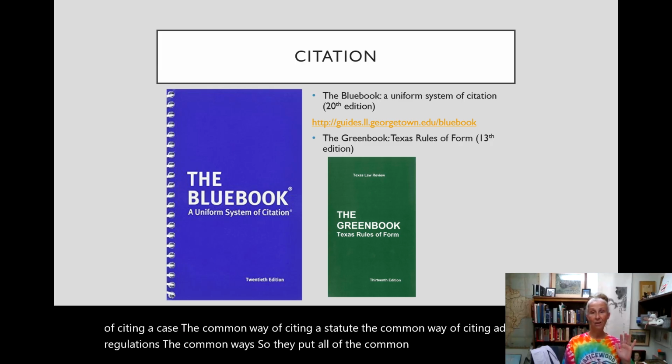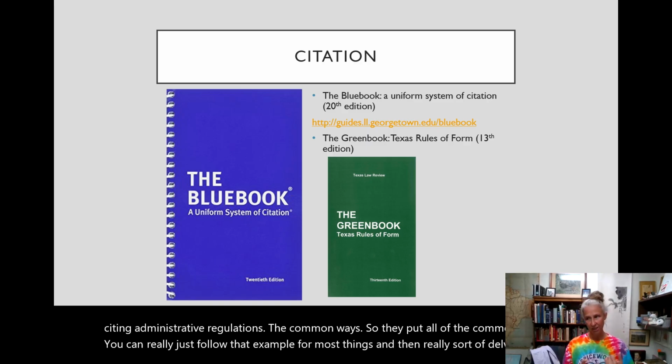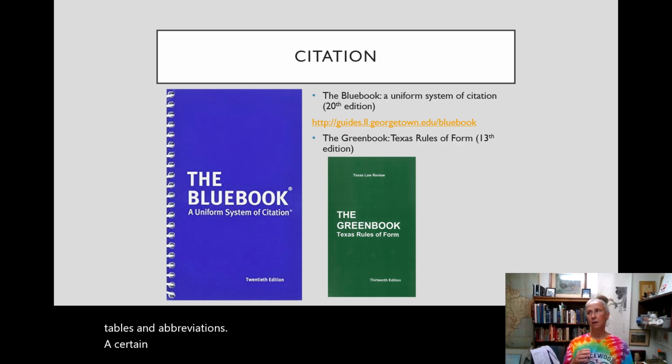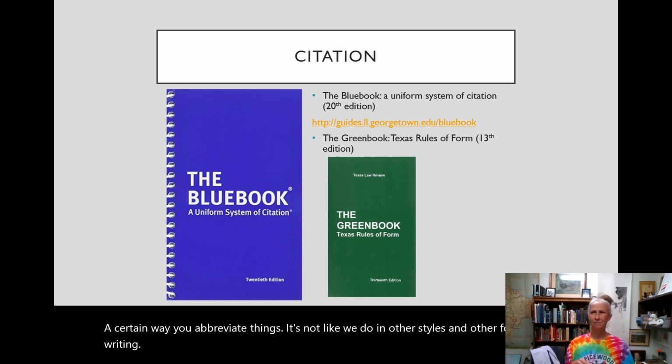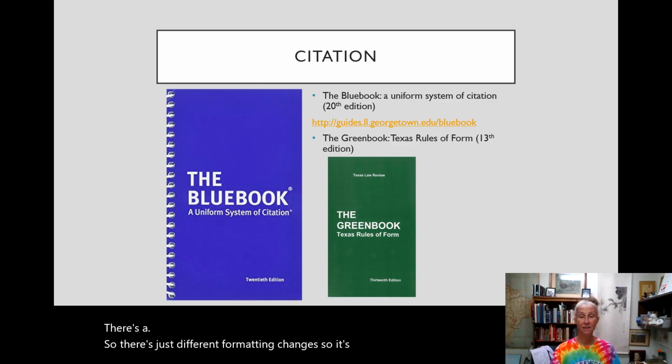So you can really just follow that example for most things, and then delve into the tables of abbreviations. There's a certain way you abbreviate things. It's not like we do in other styles and other forms of writing. So there are just different formatting changes. It's very specific, but librarians are really the go-to people.